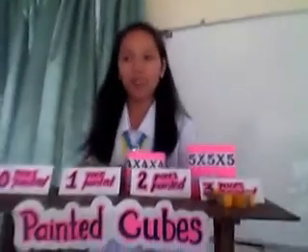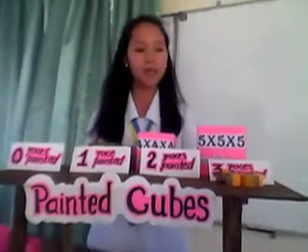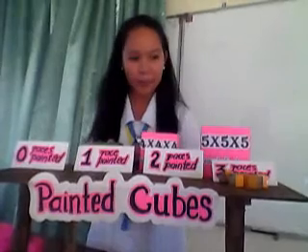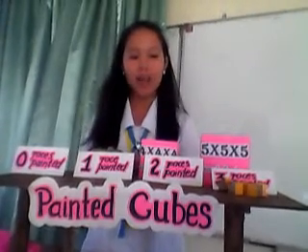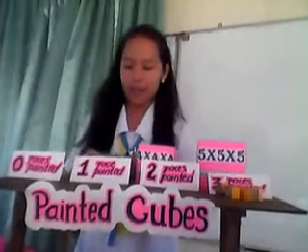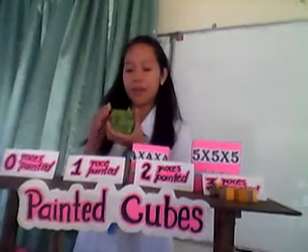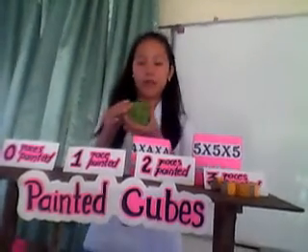Next, if the cube was cut up into 27 small cubes, can you find now how many cubes have 3 faces painted, 2 faces painted, one face painted, and 0 faces painted? So, in a 3 by 3 by 3 size of cube, there are 27 small cubes.